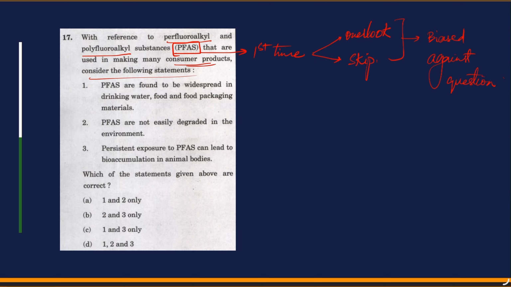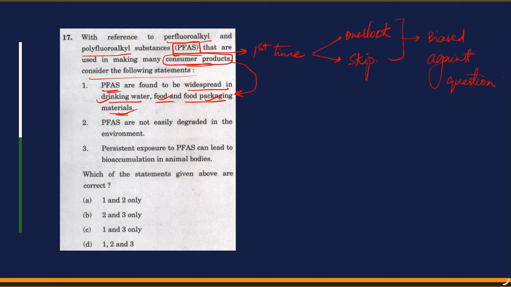So let's see the options. PFAS are found to be widespread in drinking water and food packaging materials. In the question we saw that they are used in making consumer products, and examples of consumer products are drinking water and food packaging materials. So here we can correlate to some extent.